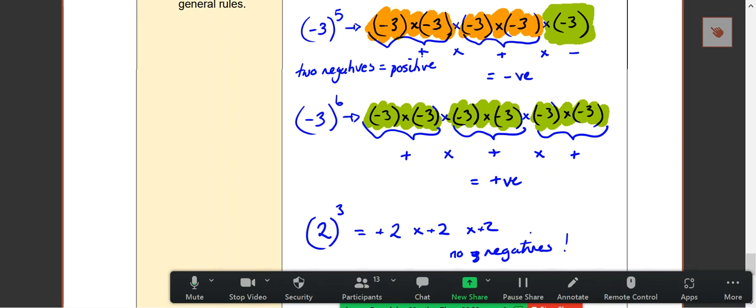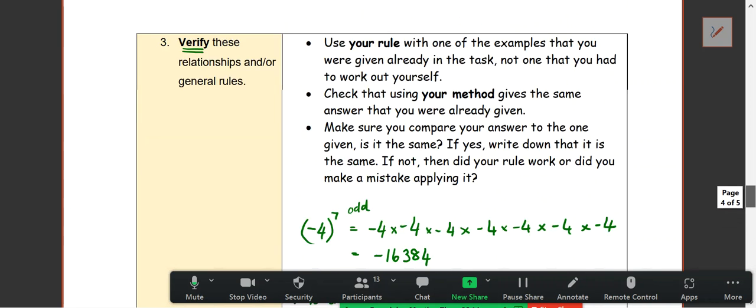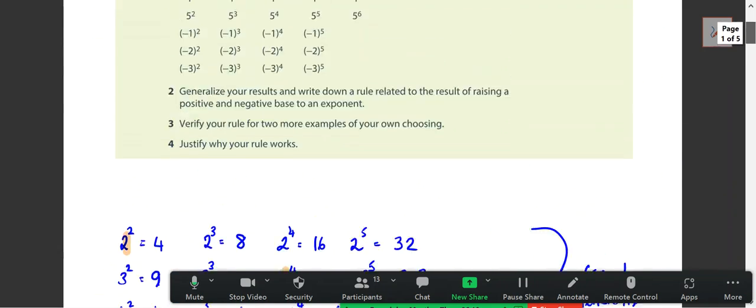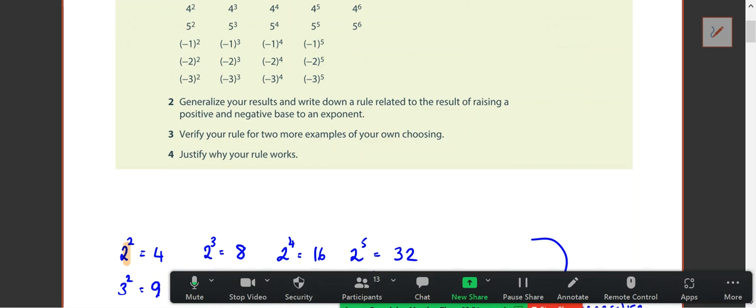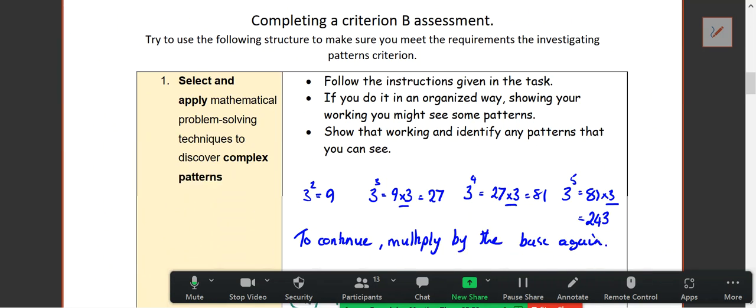All right. So what I've just shown you here using that worksheet is you were given a criterion B task. This part about working out the values wasn't really a particularly big part of the problem. These generalize, verify and justify, that's where the marks come from.